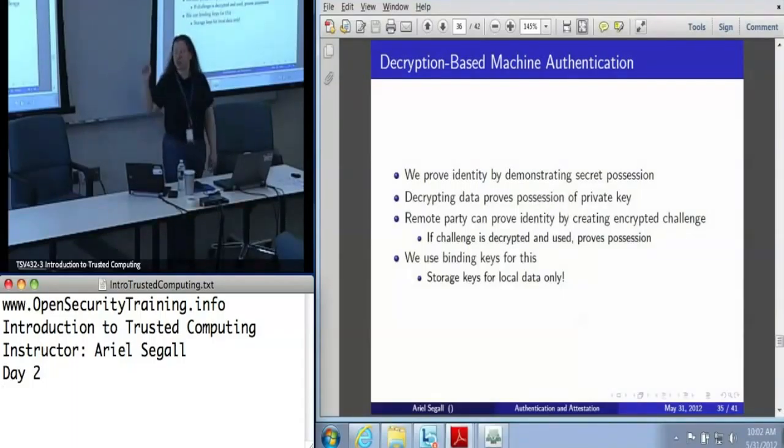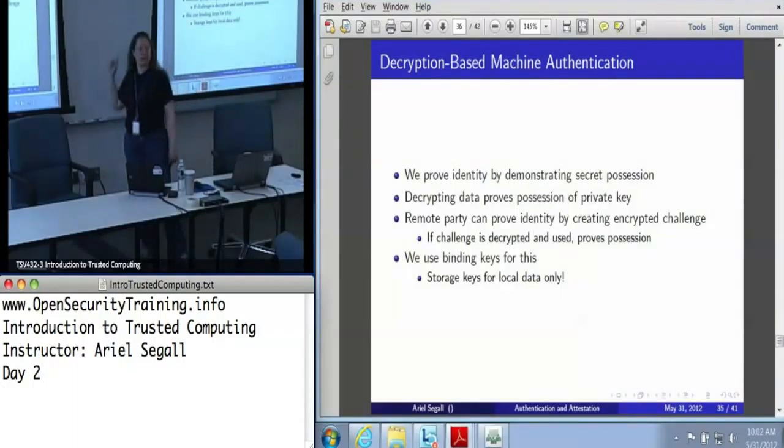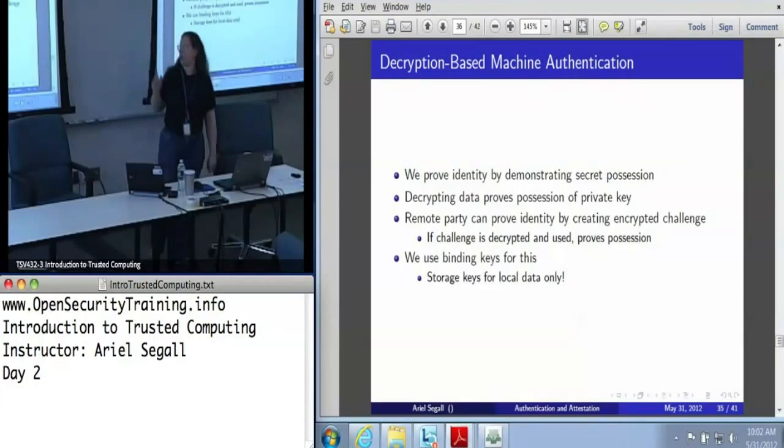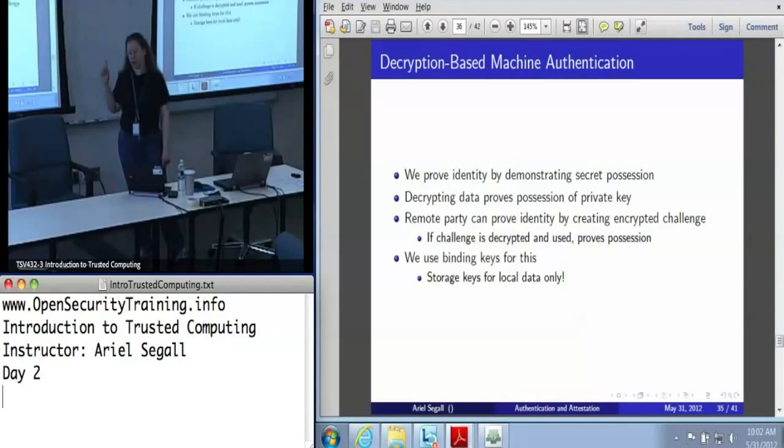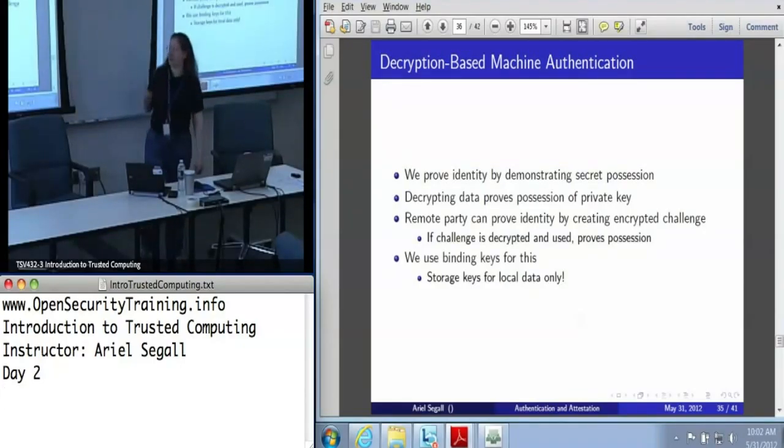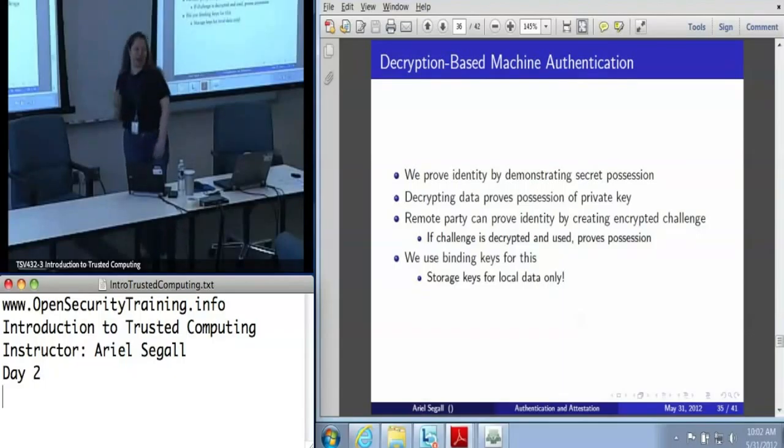This is also what the endorsement key is for. This is exactly what the AIK protocol takes advantage of. I'm not going to tell you in any detail about how to use your endorsement key for machine authentication with decryption, but you can actually do it if you're willing to do crazy tricks with that AIK protocol. Because remember how I said it's not technically signing the certificate, or it's not technically encrypting the certificate, it's encrypting a symmetric key?